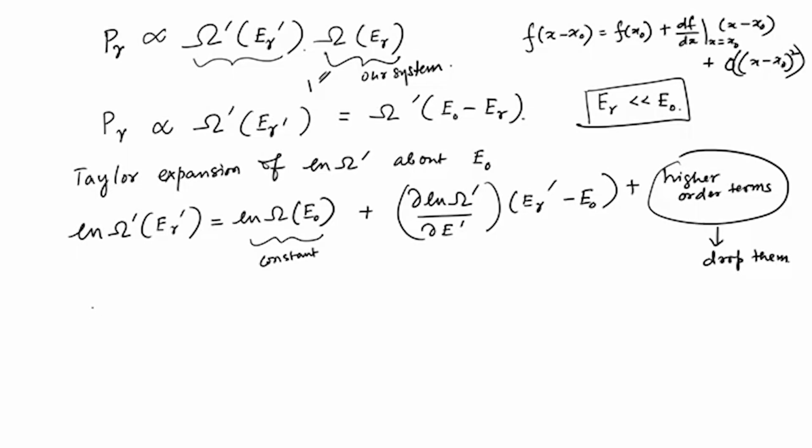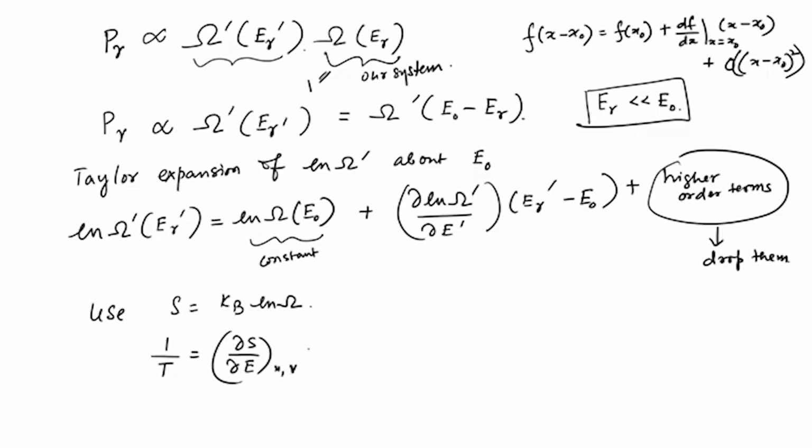Now, if you use S is equal to k log omega, then we can also use 1 over T is equal to del S del E. This is a definition which you should remember.